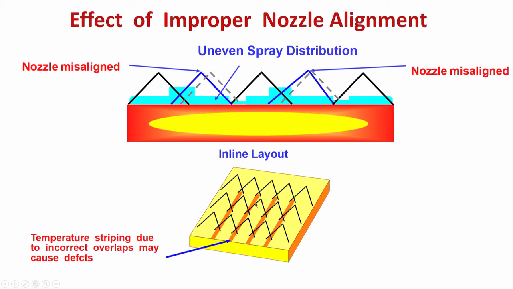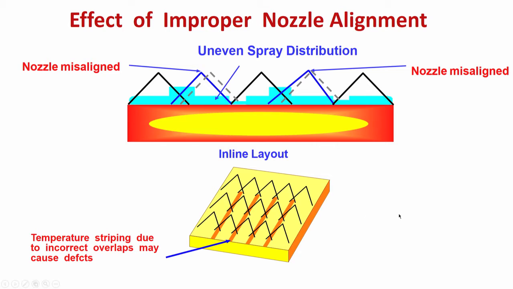At these locations the temperature of the strand is more, at the points of no overlapping, underlapping or no lapping at all, or less overlapping, you have higher temperature. So, at those locations, because of higher temperature, you have the possibility of reheating cracks, which may cause defects.